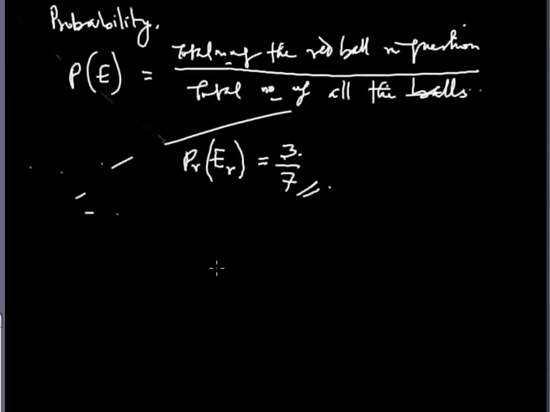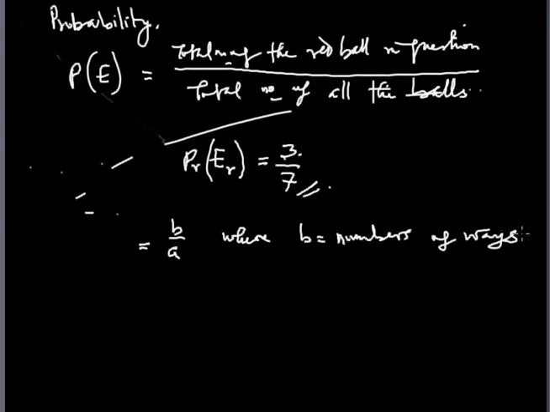With the example I just gave, I would like to define the probability of any event E as B over A, where B is equal to the number of ways in which event E can happen. I hope that is clear to you.